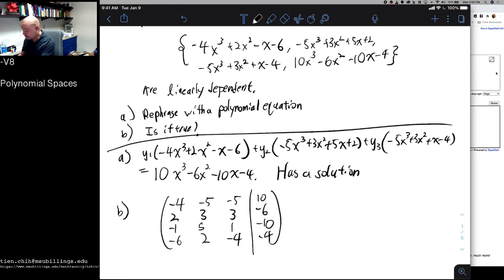And so we've come to a situation where we have a solution to the polynomial equation we wrote if and only if this system of equations represented by this augmented matrix has a solution.